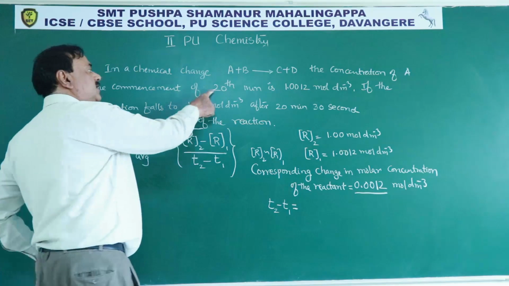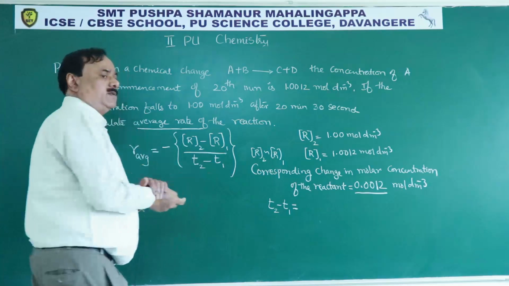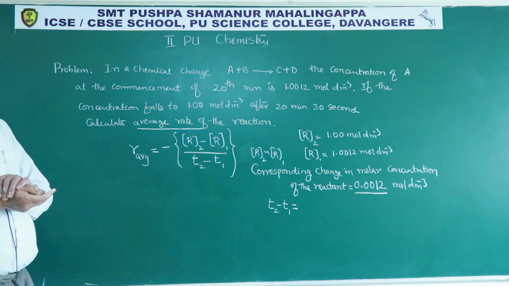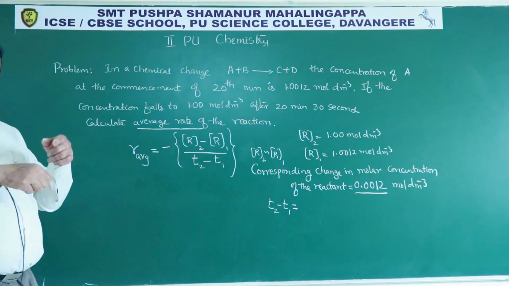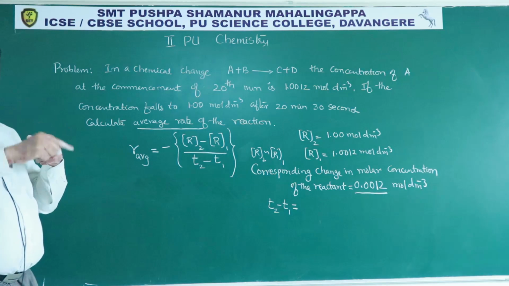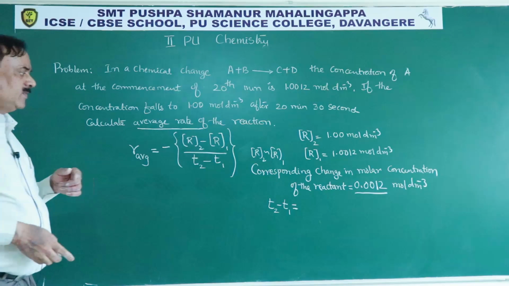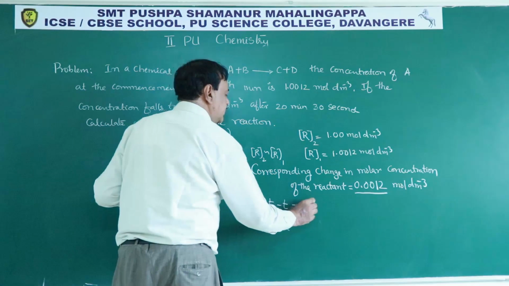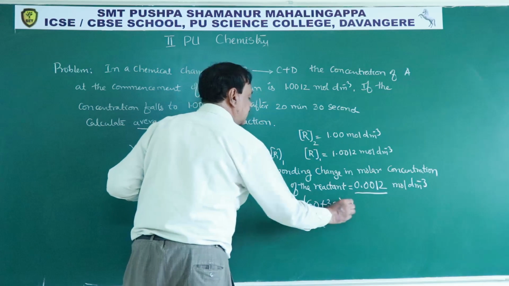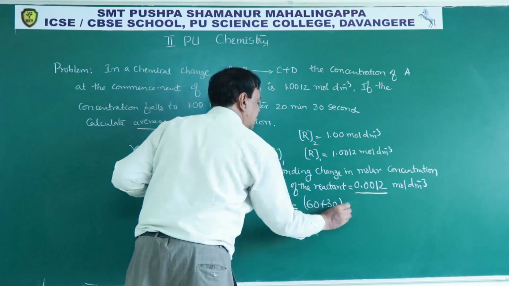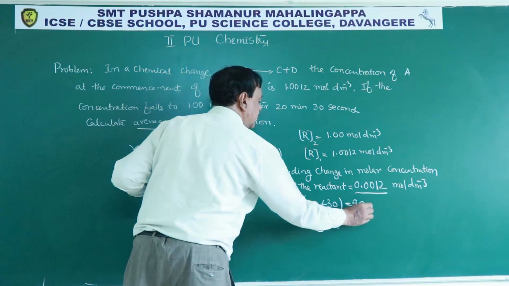This is from the commencement of the 20th minute, that is the end of the 19th minute. After the 20th minute, 30 seconds is here. Therefore, that is 60 plus 30, total 90 seconds. No confusion. That is equal to 90 seconds.